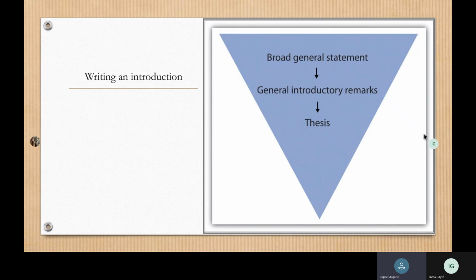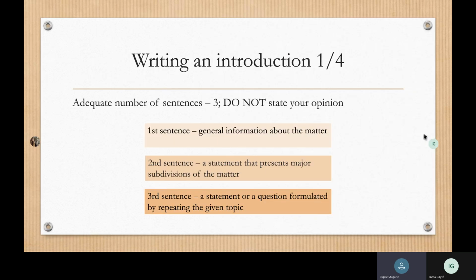After the general statement, you provide general introductory remarks, and the very final sentence of your introduction has to be the thesis statement. So now Inessa will take on explaining how an actual introduction is written. The floor is yours.